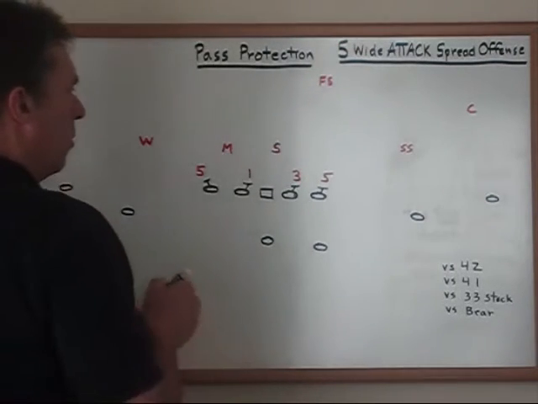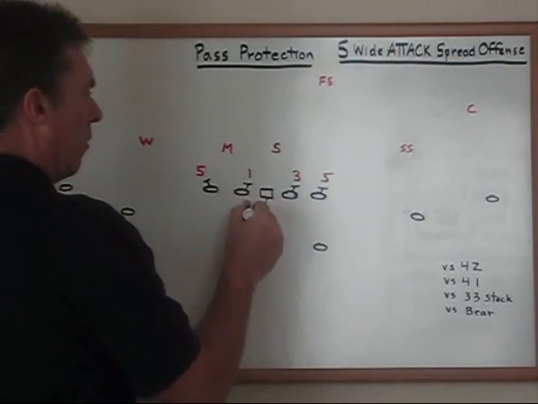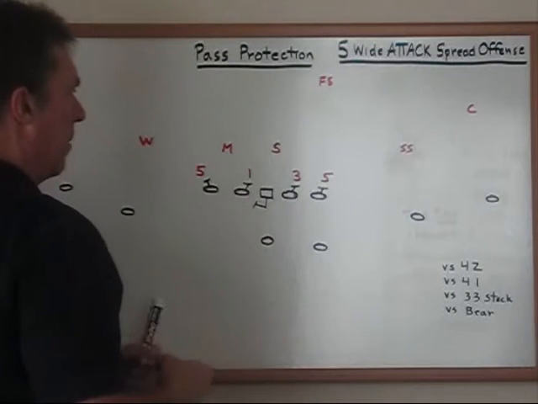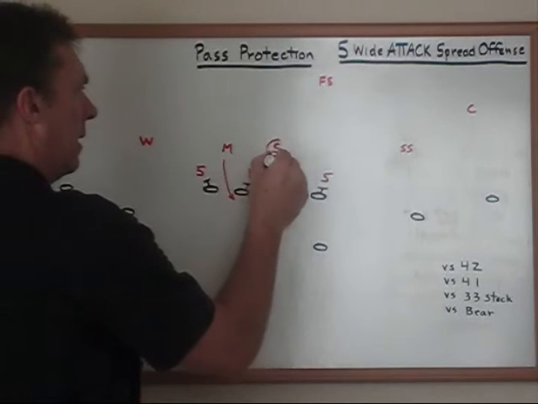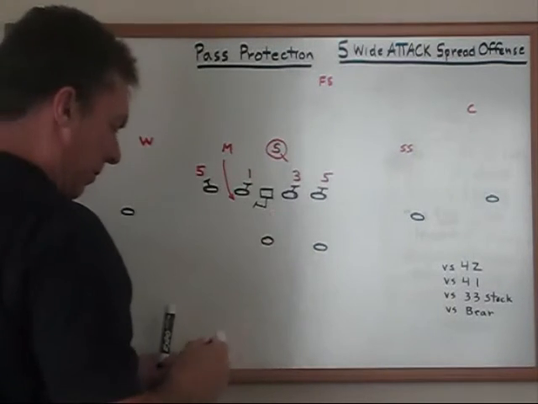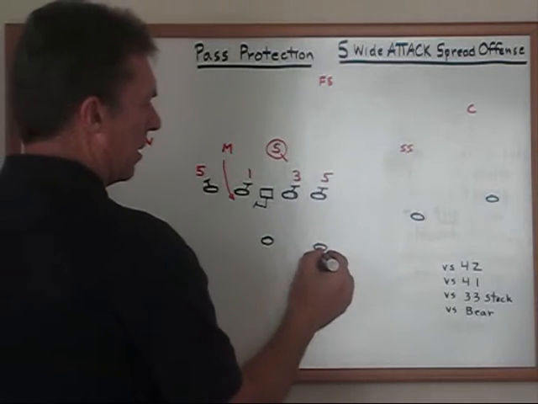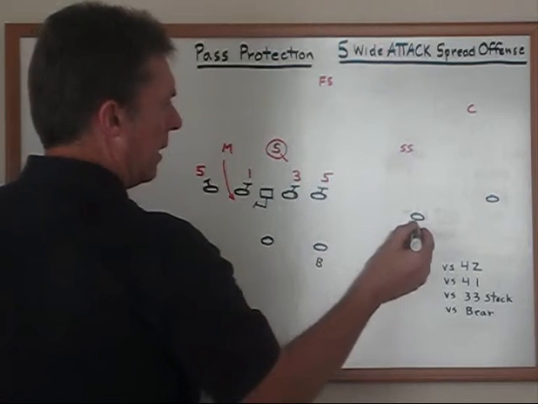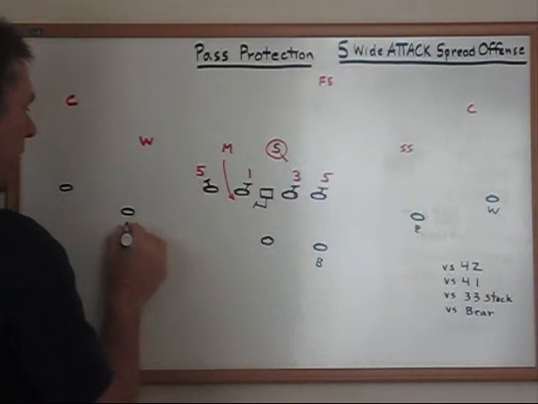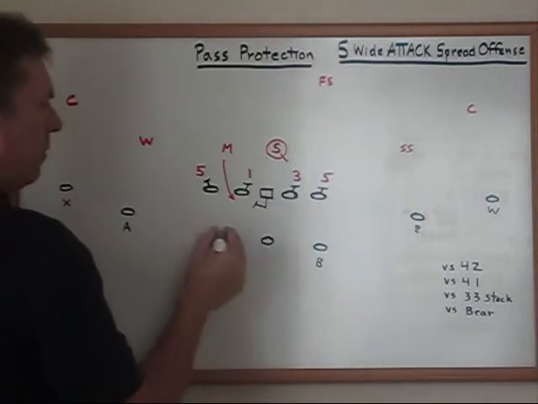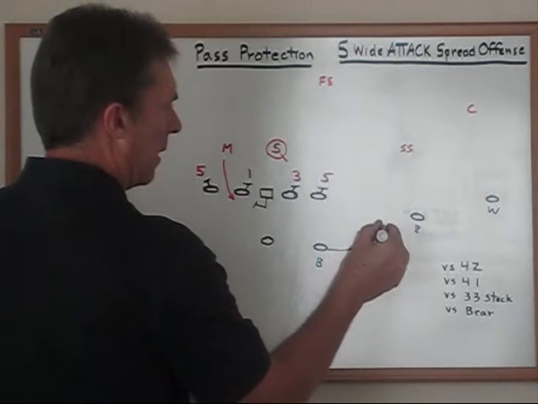Okay? So we've accounted for the 4 rushers and the Mike linebacker. Our quarterback has the Sam linebacker. We release our B back into the routes. And part of the reason it's called 5 wide is the fact that we will always release the running back.